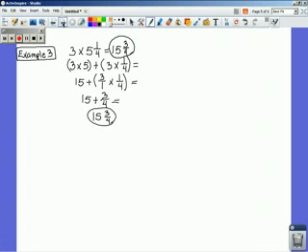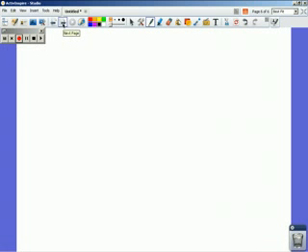Alright, let's take a look at one more mixed number using the distributive property. We'll call this example number 4. Alright, our problem this time will be, let's see, 6 times 3 and 2/3.